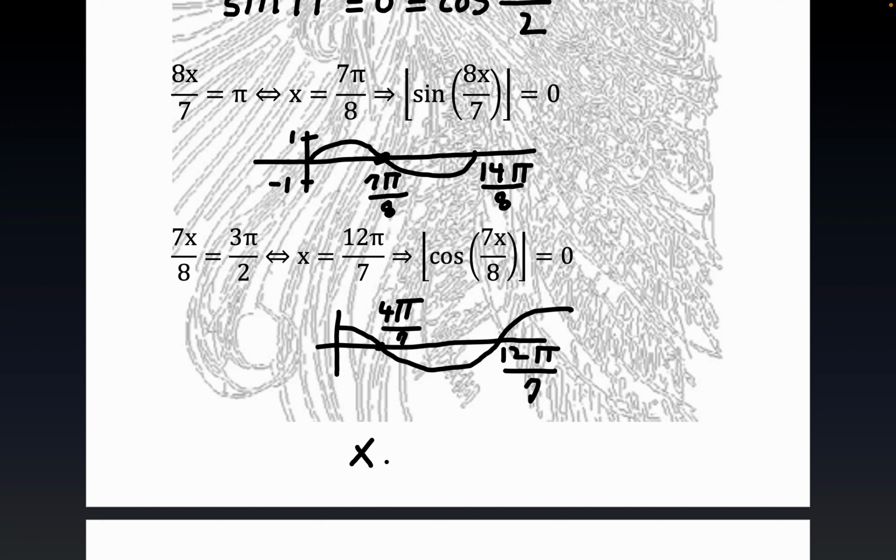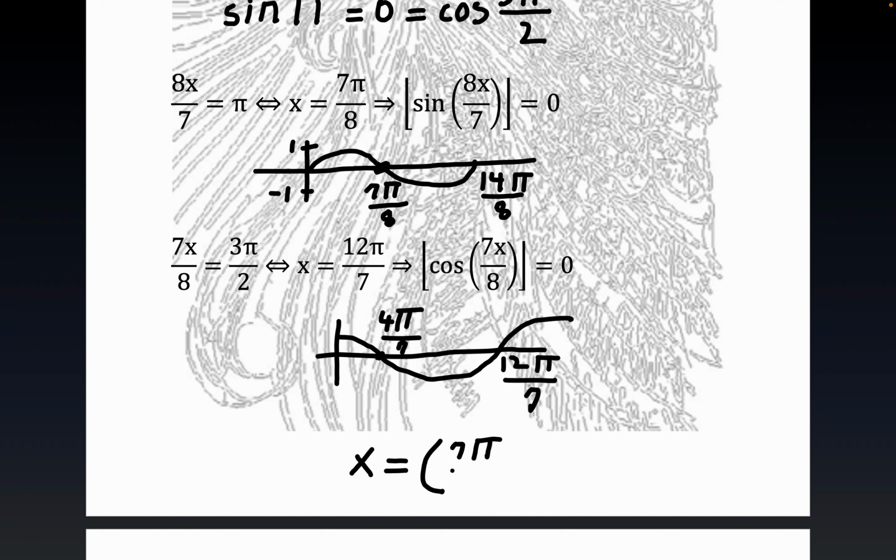The solution set would be equal to, on the left, 7 pi over 8, because numbers over here close to 4 pi over 8 wouldn't satisfy the floor condition of -1 right here, right? So we need 7 pi over 8 as our left endpoint of our open interval here.